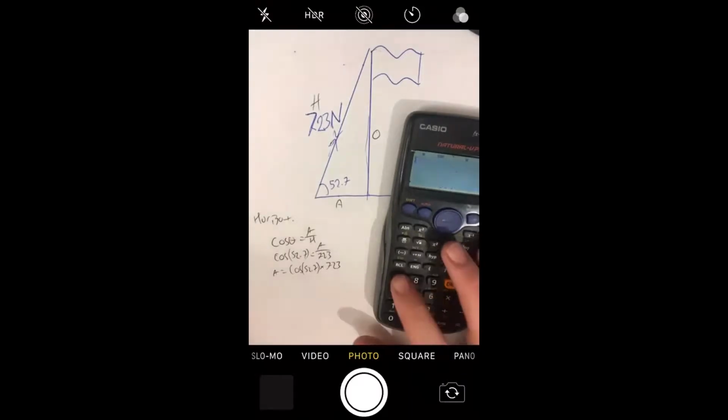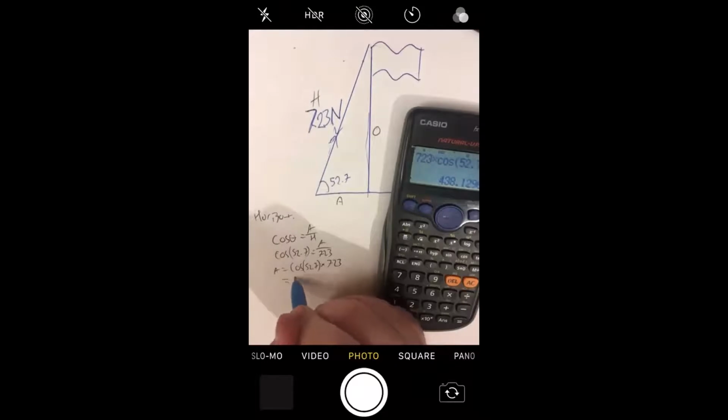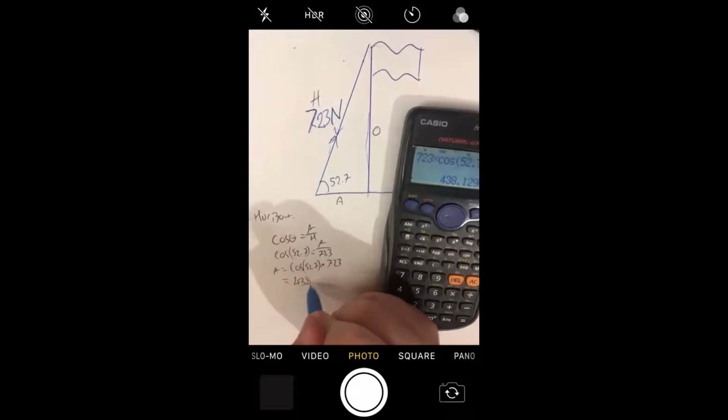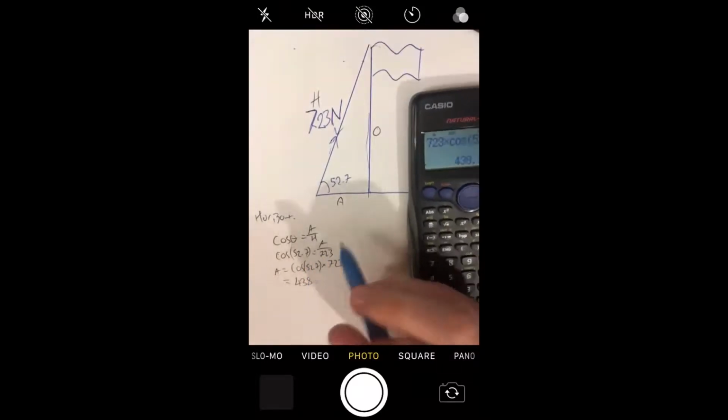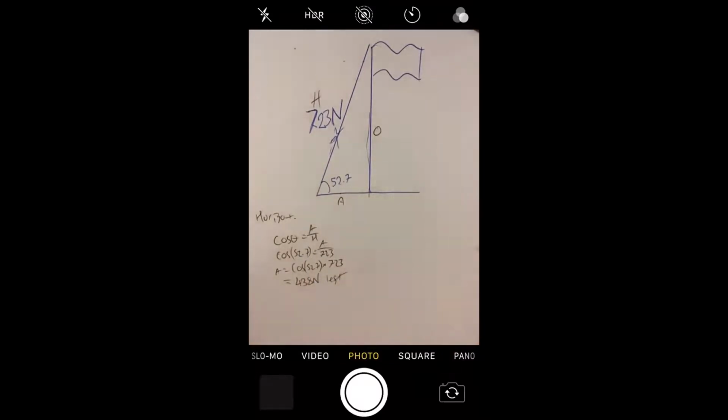Now I'm going through this one a bit faster than the other one because at this point you guys have sort of seen all there is to it. 438 newtons. We're going to say left because that's the direction.